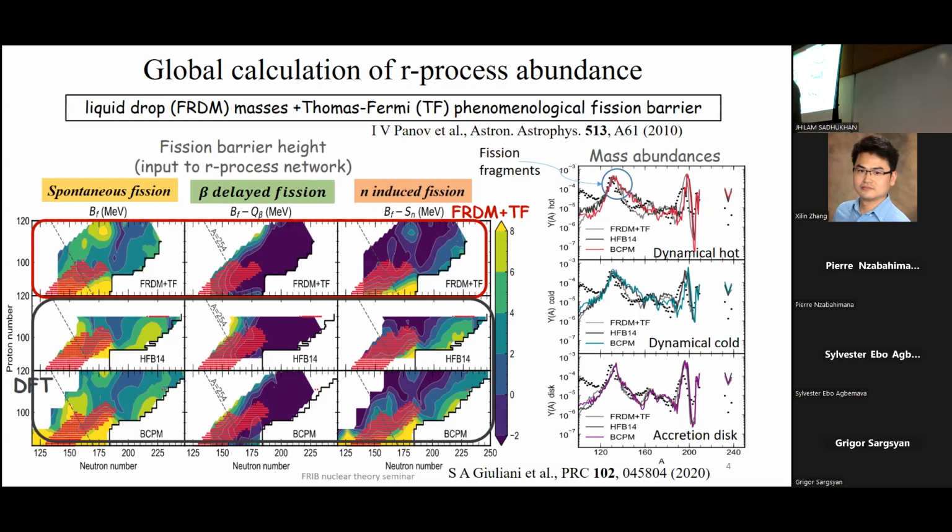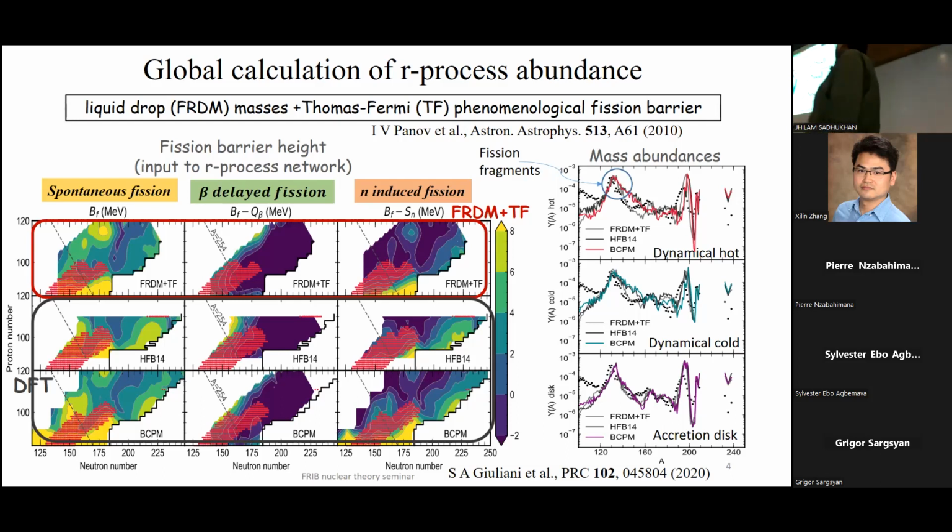Now we can see that these red dots are the final abundances at the freeze out, and we can see that there are differences between models, and also in the calculated barriers. There is dissimilarity among these different models' calculated barriers.